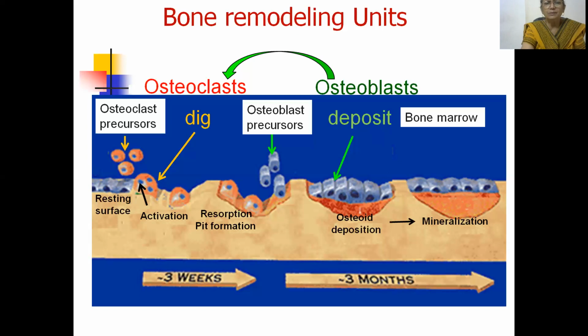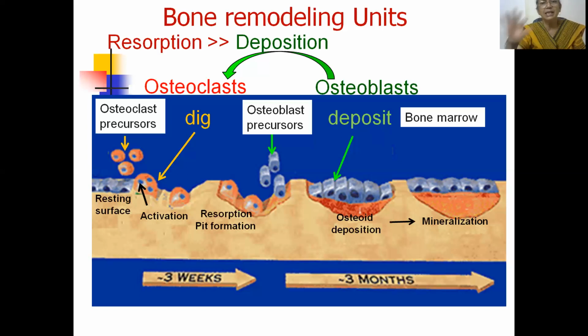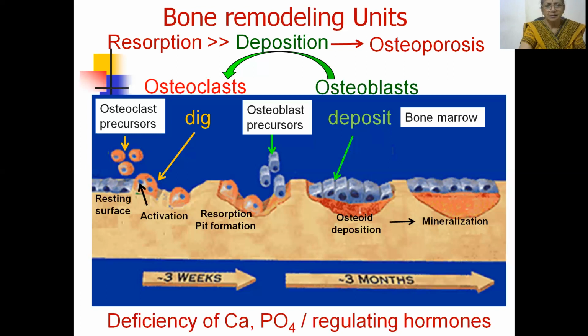Then if this very meticulous mechanism is there for renewal of the bone, why do we get osteoporosis? Osteoporosis, that is reduced bone density, occurs if deposition lags behind, or there is more resorption but less deposition. This would result in development of osteoporosis. And we'll see the factors which are making this deposition lag behind. Importantly, the deficiency of calcium and phosphate, the minerals which are required for deposition, and of course, the regulating hormones.